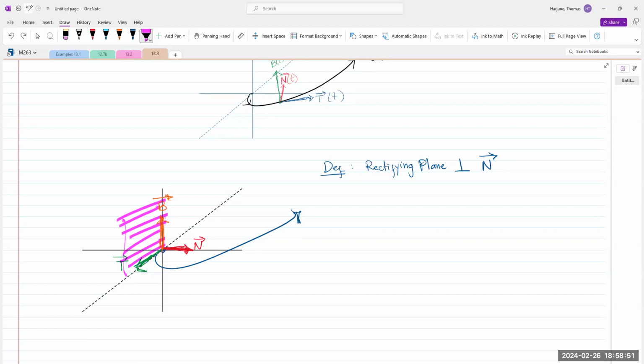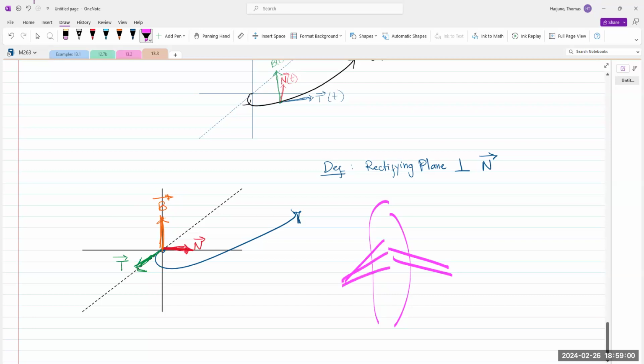Where are we going? Why do we need to learn this? It has something to do with planes. Suppose this is our plane here. Okay, we see the plane from above. Then the rectifying plane is this. This is the rectifying plane.